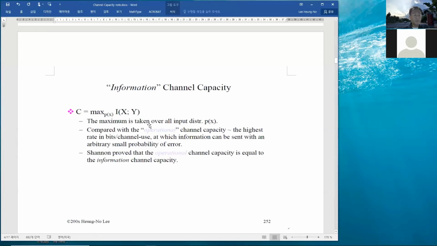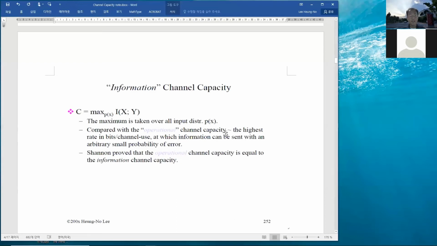This is the mathematical description, and we can also talk about operational channel capacity, and then compare the information channel capacity with the operational channel capacity. Operational channel capacity is a more practical way, basically using vector processing.